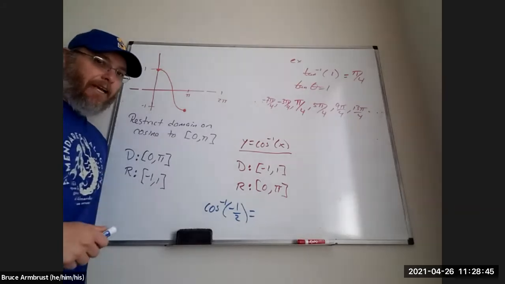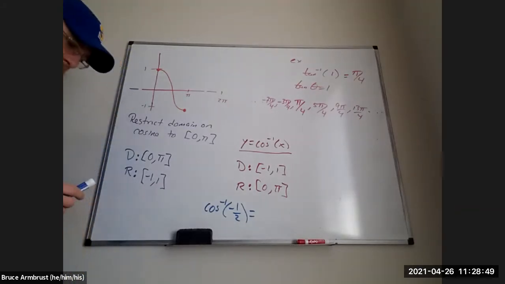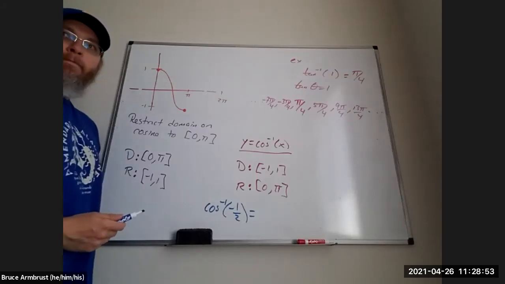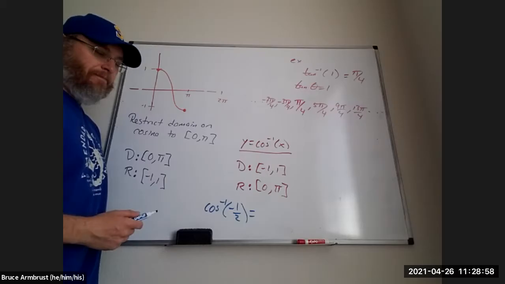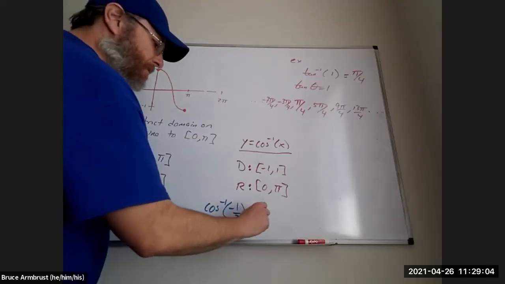So that is one of our nice angles. Can somebody give it to me? Like the angle in quadrant 2? Okay, so it's the one that's in quadrant 2, which is going to be 2 pi over 3. There you go.